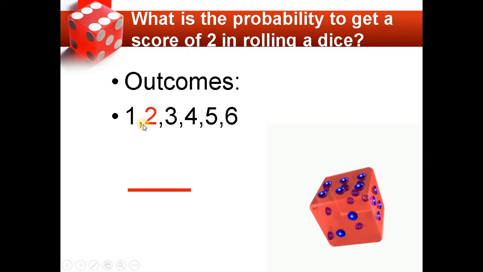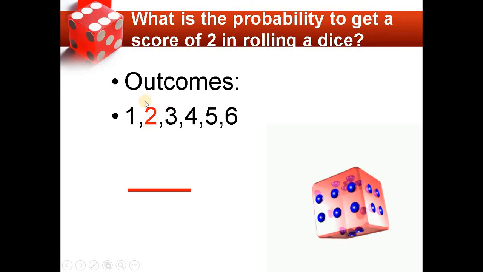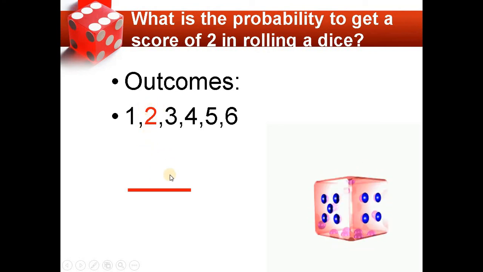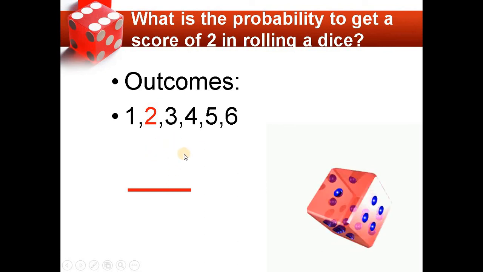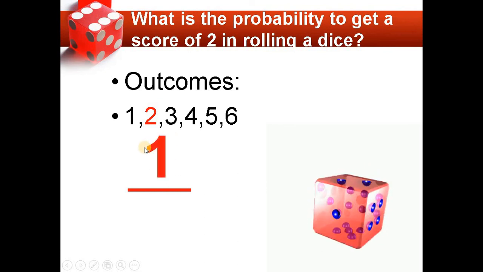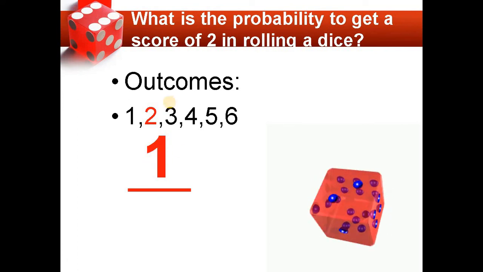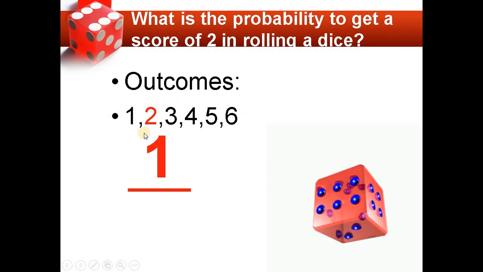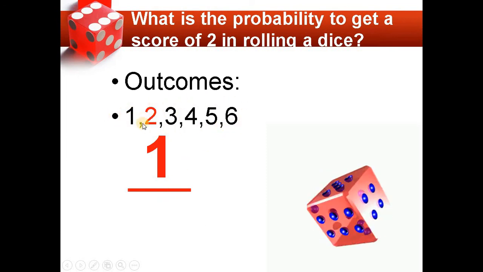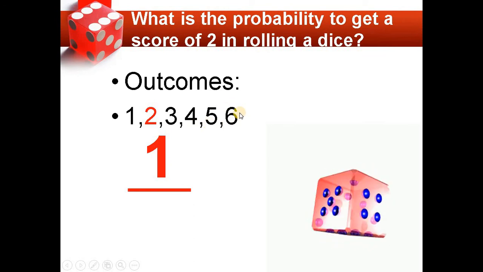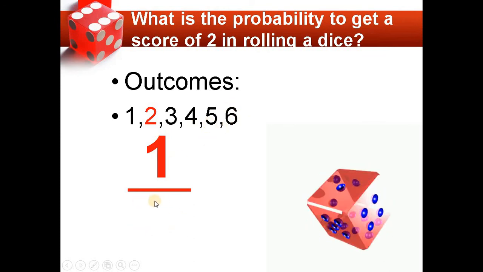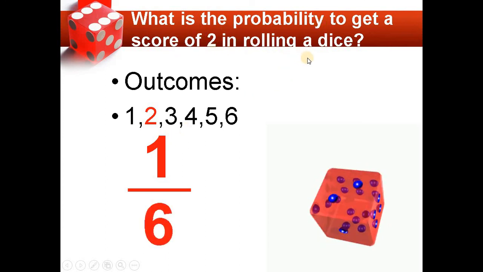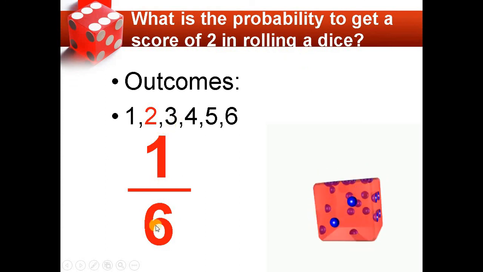We need only the score of 2, and how many is that? Only 1. So we write 1 in the numerator. And the denominator is all the outcomes that we have, which is 6. So the probability to get a score of 2 in rolling a dice is 1 over 6.